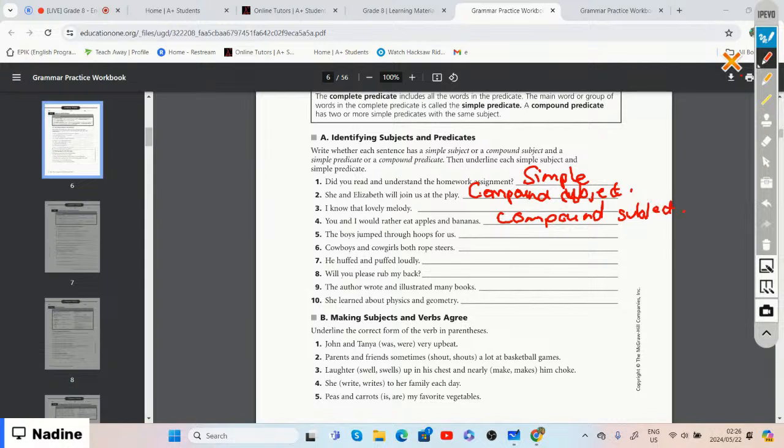So that's a compound subject. All right, let us go on to the bottom one. So long, we will come back again.